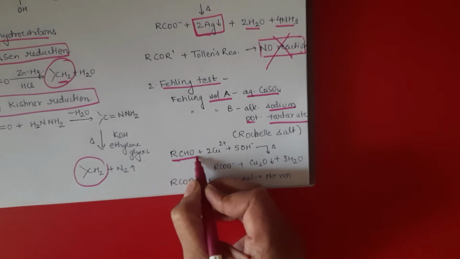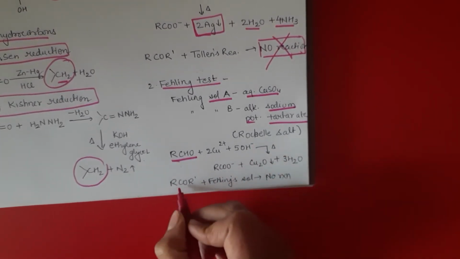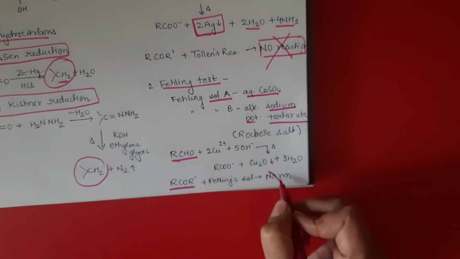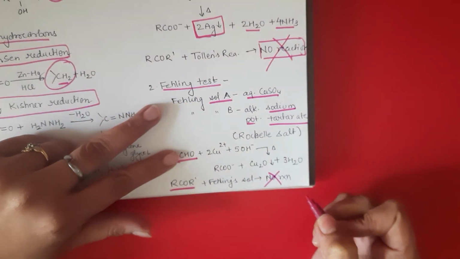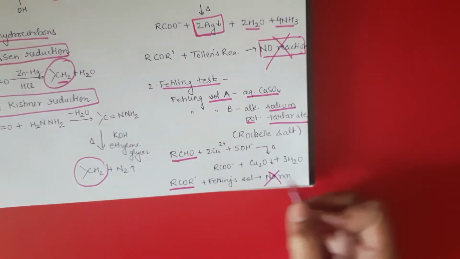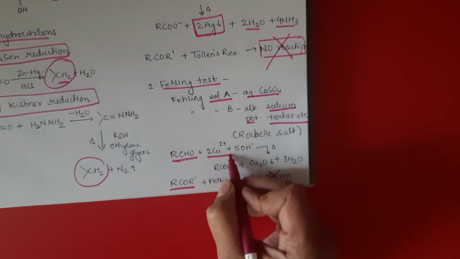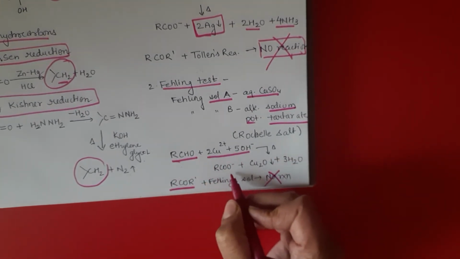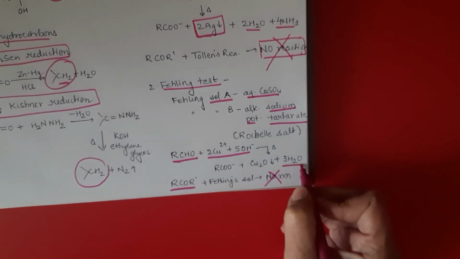The aldehyde reacts with Fehling's solution, but ketone does not give this reaction. So Fehling's test is also used to distinguish between ketones and aldehydes. By treating aldehyde with Fehling's solution, it gives RCO negative, cuprous oxide and water molecules.